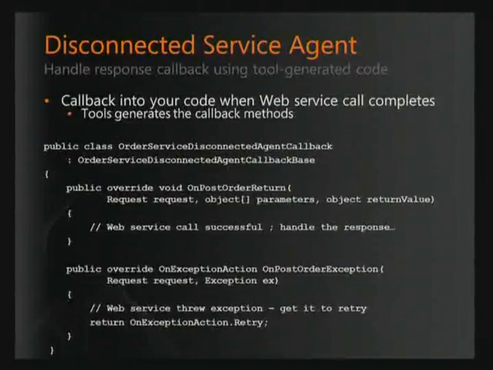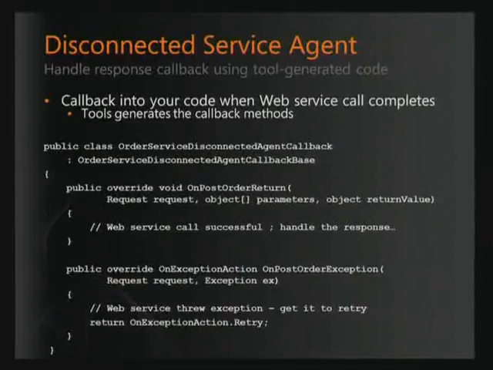And then obviously it's queued. It may not happen straight away because you may not have a network. So when it has tried or when it has expired its timeouts or something, you will get a callback. And when you get that callback, that's when the call has succeeded or has failed, and then you can write some code to handle that situation. The tools generate you some method stubs for those callbacks.